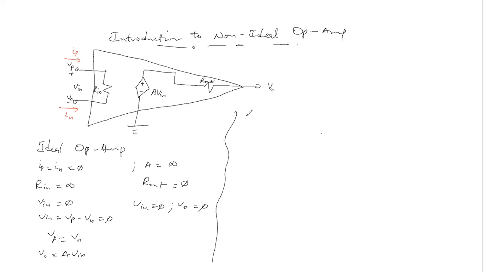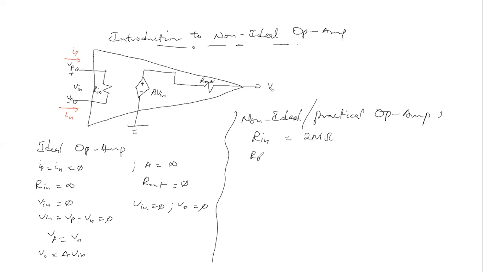But in practical or non-ideal op-amps, we have that the input resistance could be as large as 2 mega ohms, but not infinite, because we can't achieve that in practice.